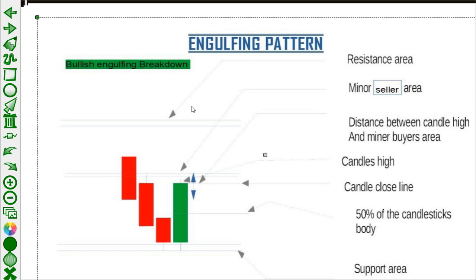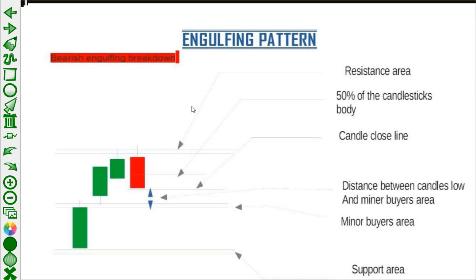No matter how strong the bullish pattern may be, how strong the bullish signal is, we are not going to take the bullish engulfing while we are on the seller side. So this is the first rule, and once we confirm that we are on the seller side, we are going to take the bearish engulfing pattern.